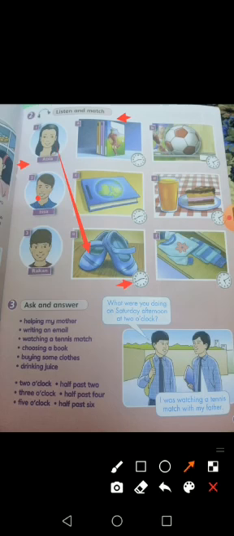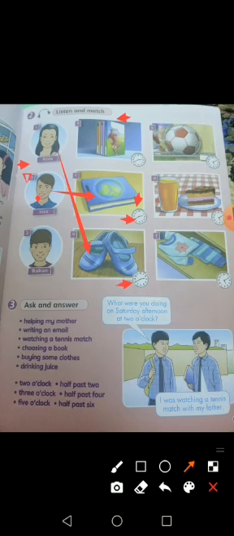Okay, so here we have a boy asking Isa, what were you doing on Saturday afternoon at 20 to 3, Isa? Isa answered, at 20 to 3, I was in the bookshop. At 20 to 3, look, here we have the clock.